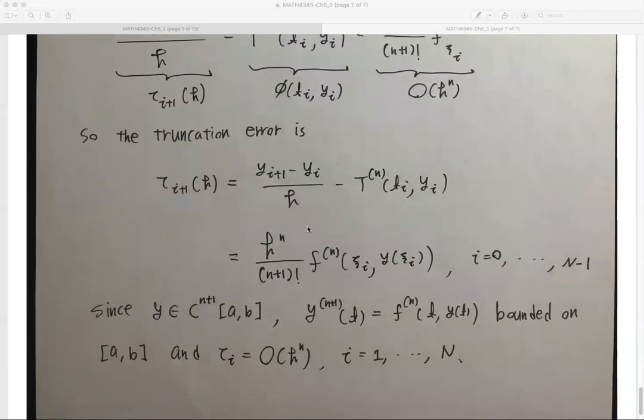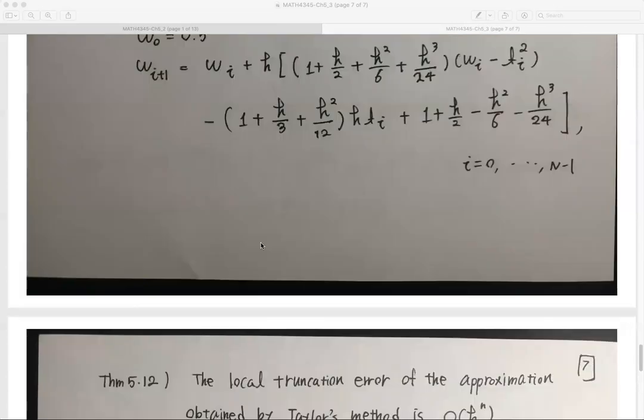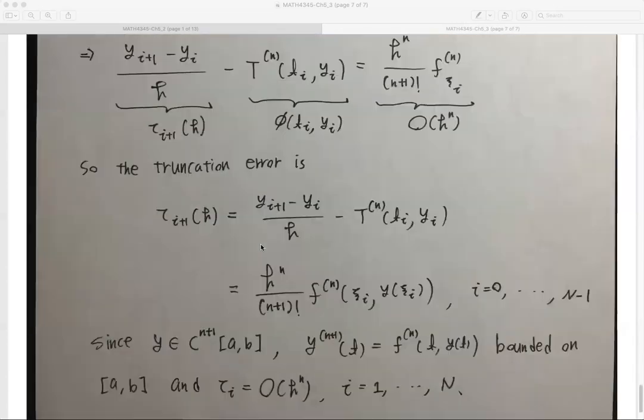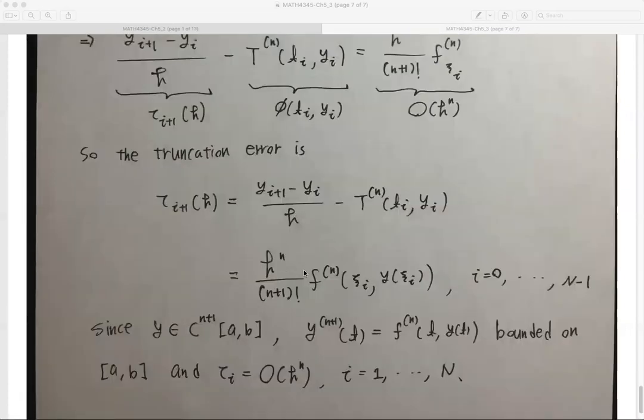Now here we assume that y is in the space C^(n+1), and that the (n+1)th derivative of y, that is the nth derivative of f, is bounded on [a, b]. I think that's the assumption. So the nth derivative of f is bounded by a certain number, and 1 over (n+1) factorial is also a fixed number, right?